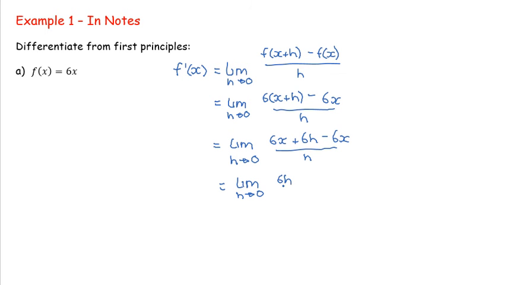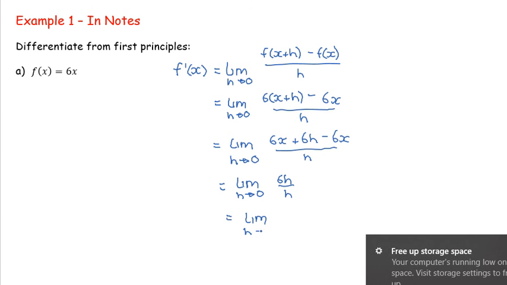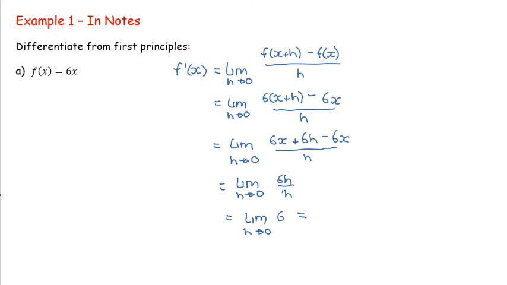So 6h over h, which is really nice because the h's just cancel, and gives me the limit as h tends towards 0, h is cancelled, of 6. And this expression doesn't have any h in it anymore, so the limit of that is just 6.